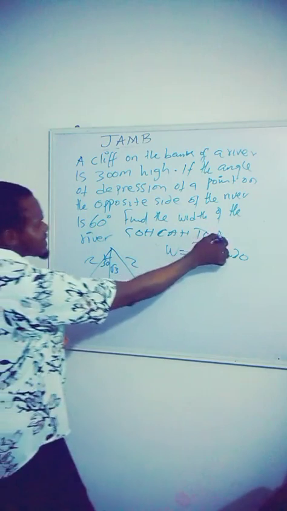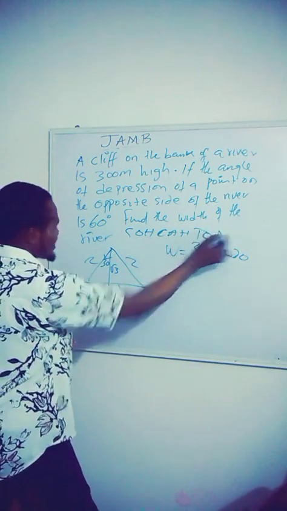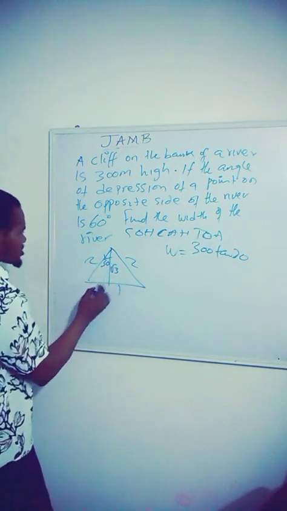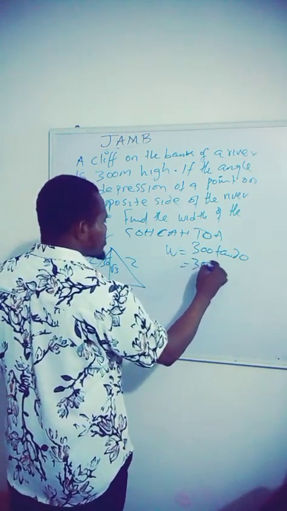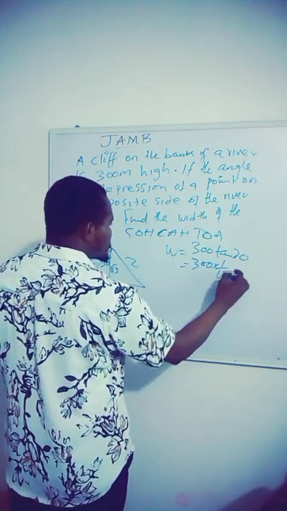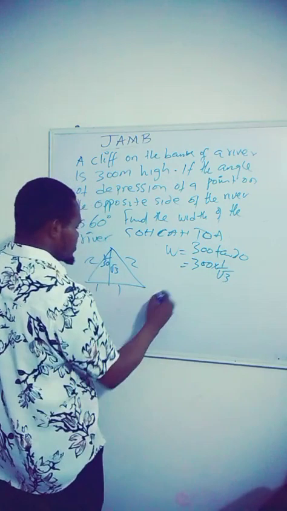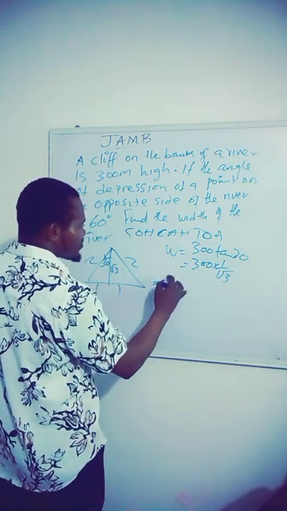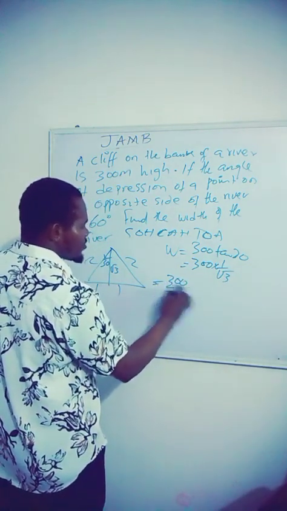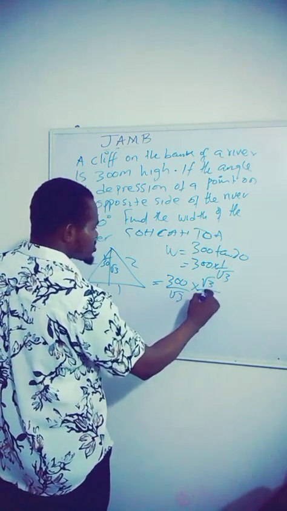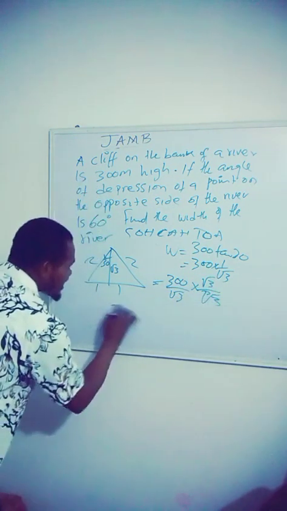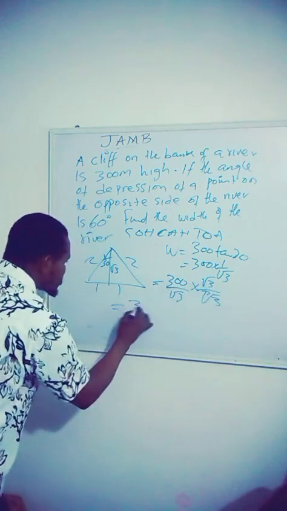Tan is opposite over adjacent, 1 over root 3. 300 multiplied by 1 over root 3. You can't leave this as a short form, so 300 over root 3 multiplied by root 3 over root 3. So the final answer will be 300 times root 3.